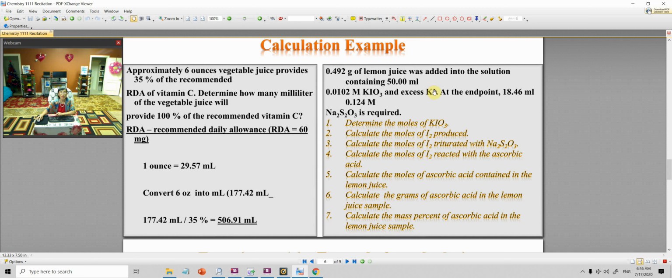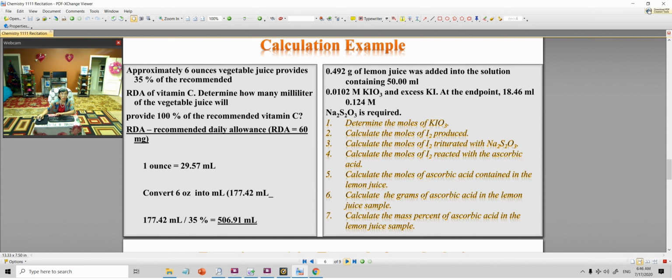This potassium iodide total amount can be determined by the calculation. Then you use these two to react to produce I2. The I2 will be titrated using the sodium thiosulfate. So in that case, you can calculate the moles of I2 in excess. And from there, you calculate your vitamin C amount.